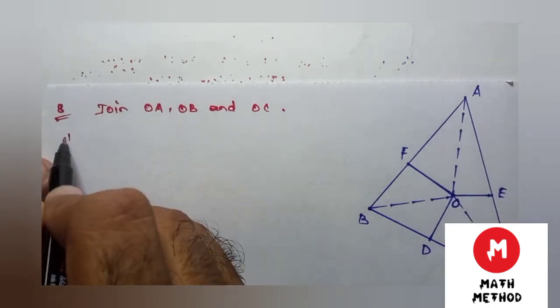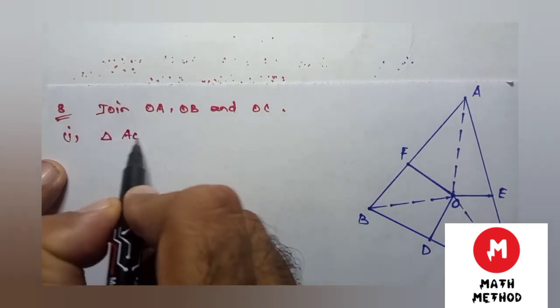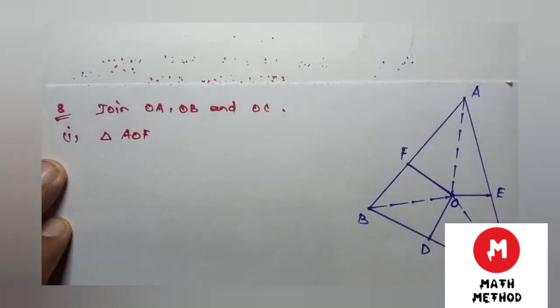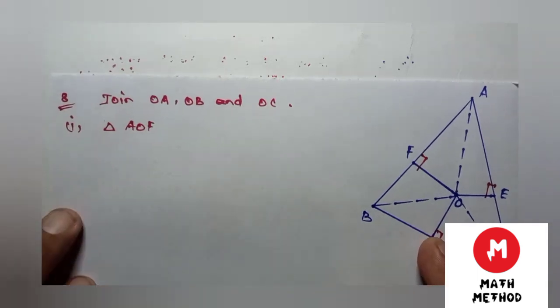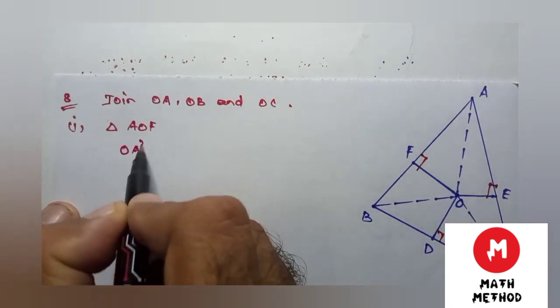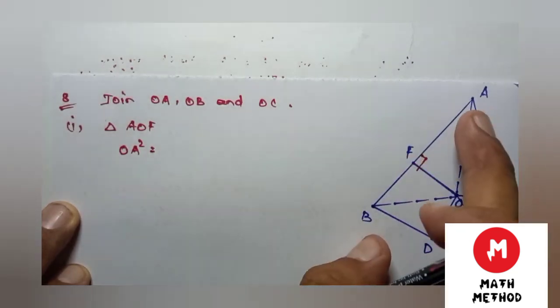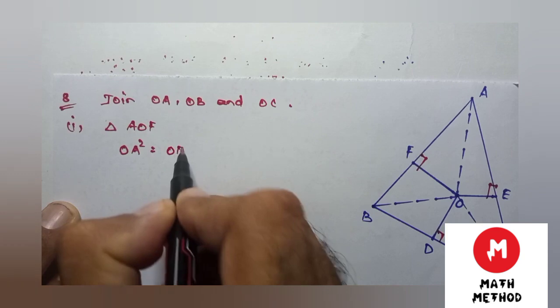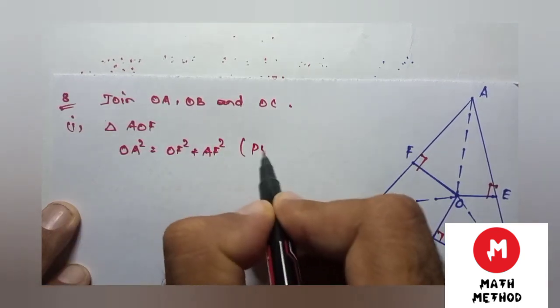Now part number 1, in triangle AOF, this is perpendicular. Therefore, by applying the Pythagoras theorem in triangle AOF, we will get OA square is equal to OF square plus AF square, by Pythagoras theorem.